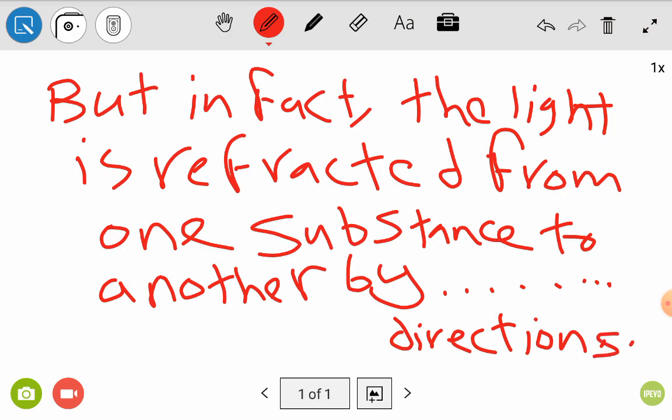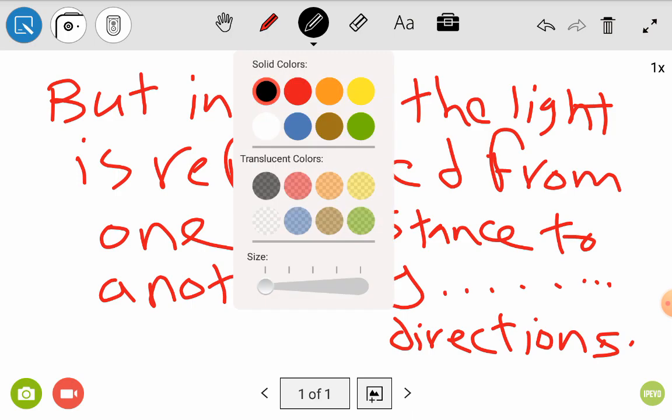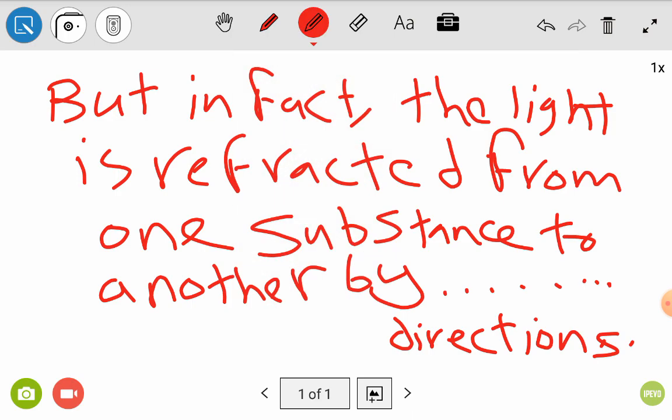Who can complete guys? By what? Same direction or different directions? Excellent. Different direction.